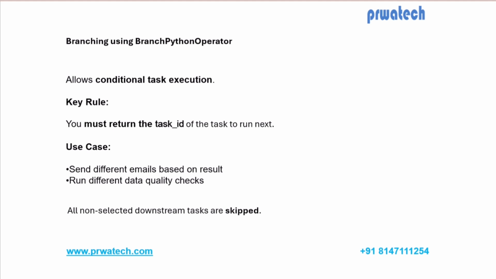For an example, suppose task A returns a value, more of a status flag. The branch task reads it and will decide which paths to follow.